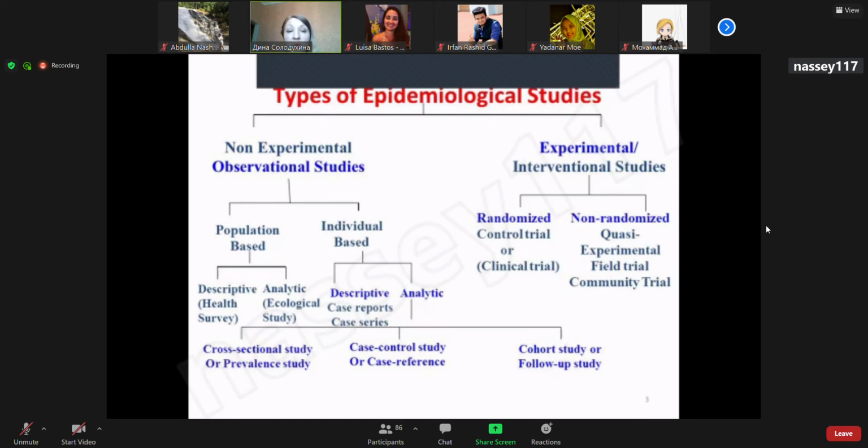However, we got used to the term experimental study or intervention when we have some intervention for subjects, and we use the term observational when we don't have any intervention for subjects.